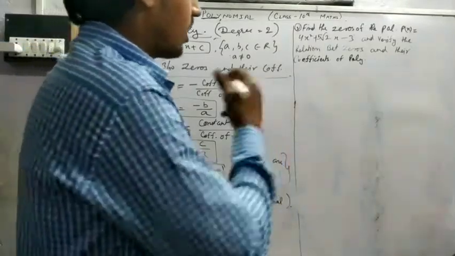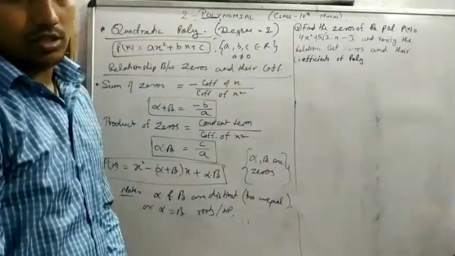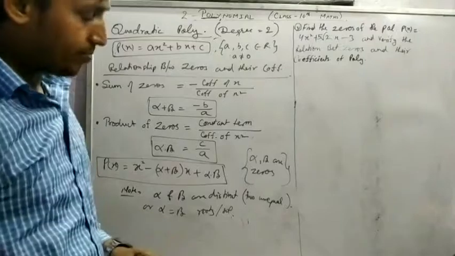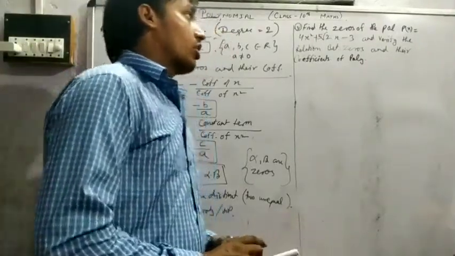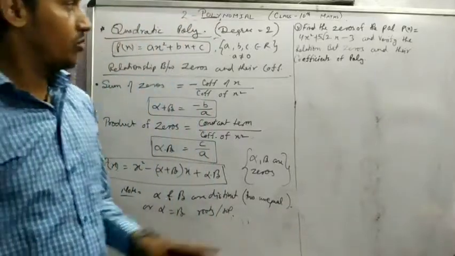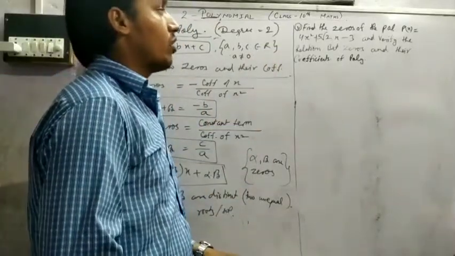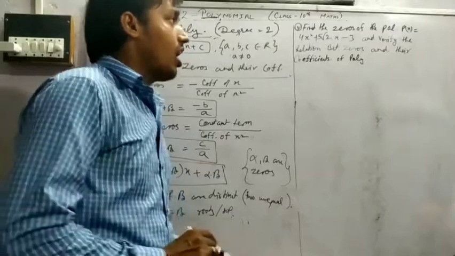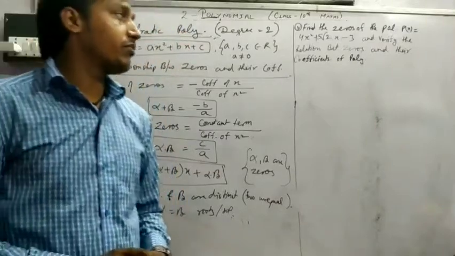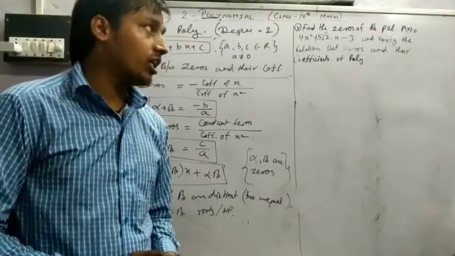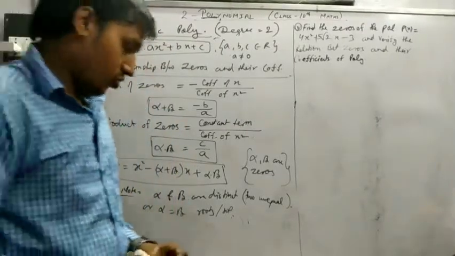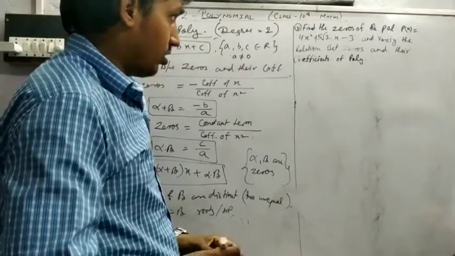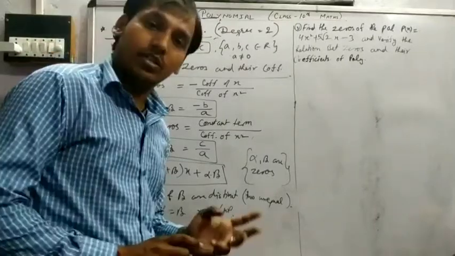Take one more example related to the quadratic polynomial. The question is: find the zeros of the quadratic polynomial 4x square plus 5 root 2 x minus 3, and verify the relation between zeros and their coefficients of the polynomial. The purpose of taking this question is that I am explaining two things.